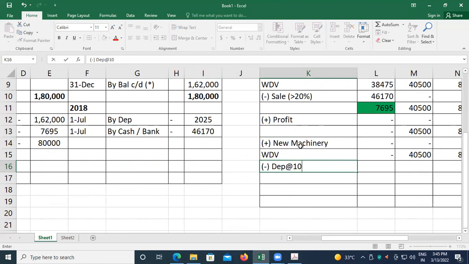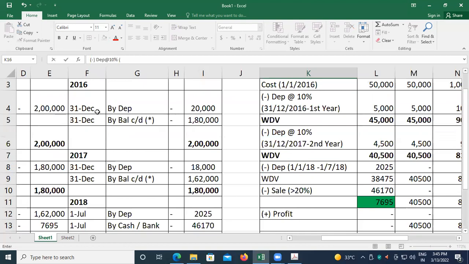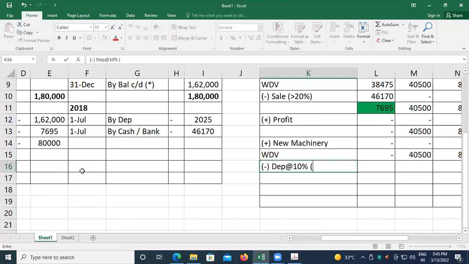At the rate of 10%. And remember, 2016 is over, 17 is over, 2018, till 31st December 2018. I'll close this one.